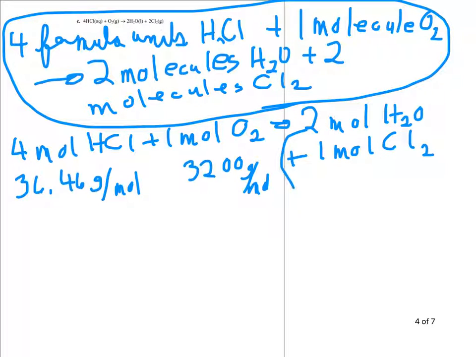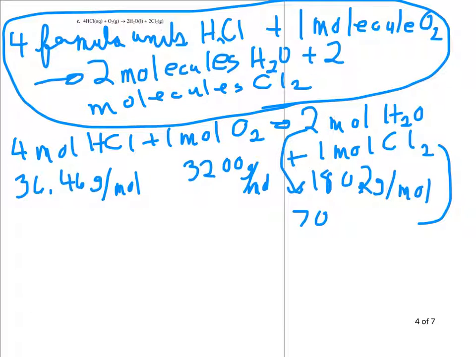Molar mass of the H2O is 18.02 grams per mole. And then the molar mass of the Cl2 is 70.90 grams per mole, resulting in, as we switch them into grams, we get them multiplying by the moles.